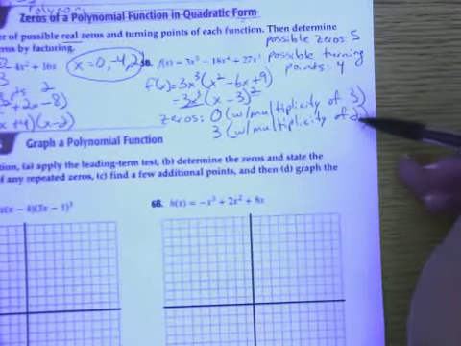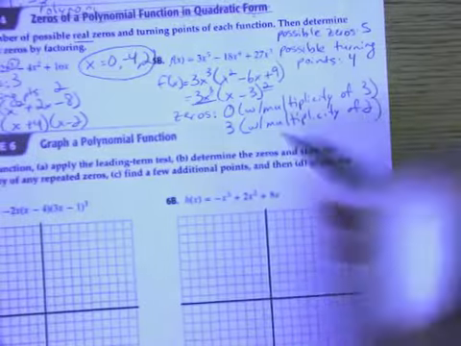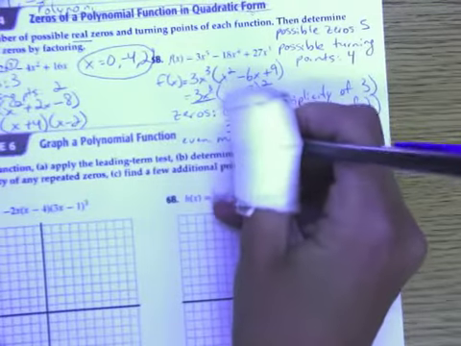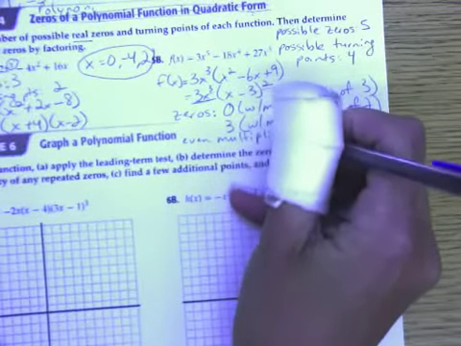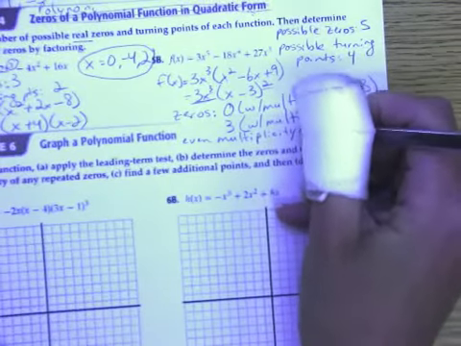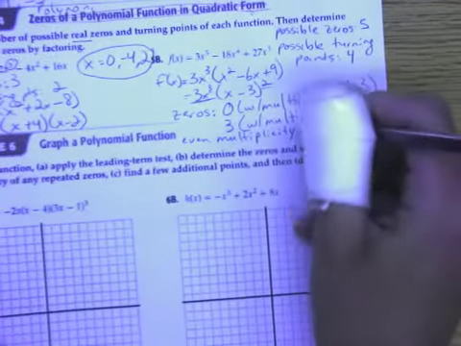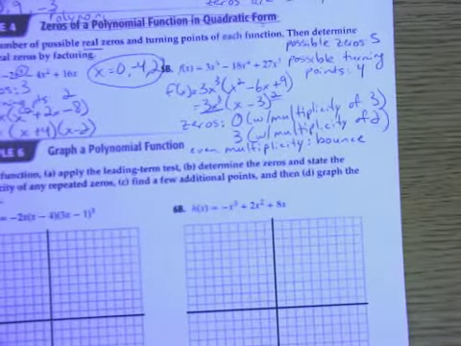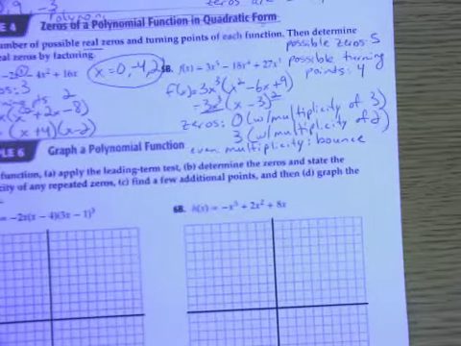Okay, so when we have an even multiplicity, you'll see the graph bounce. If it's an odd multiplicity, it'll go through. It might do a little dance on its way through, but the main thing that's important for our purposes of graphing is that it's going through the x-axis. It's not bouncing off of the x-axis.